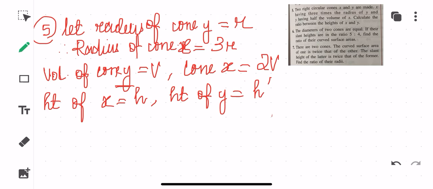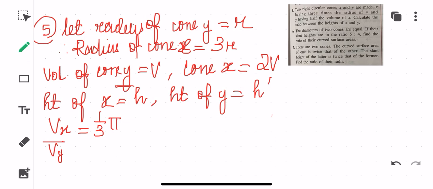Now what they have given, children, you have given what is the volume of a cone. So now we will be calculating volume of cone x or y, whichever you want, children, that you can write. So write down volume of cone x divided by volume of y, because the ratio between height of x and y has been asked. So volume of x upon volume of y is equal to 1 upon 3 pi into, what is the radius of x, children?